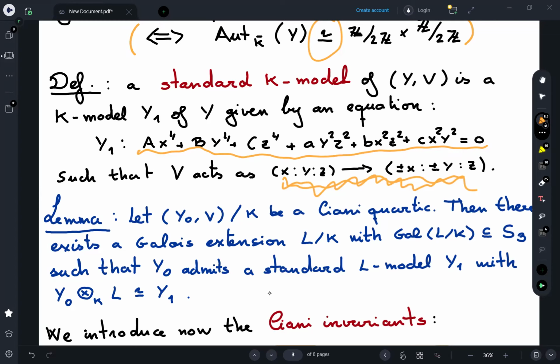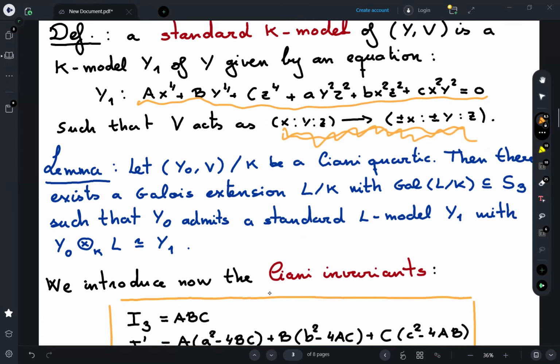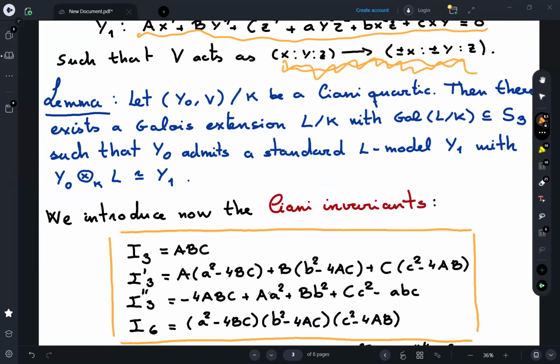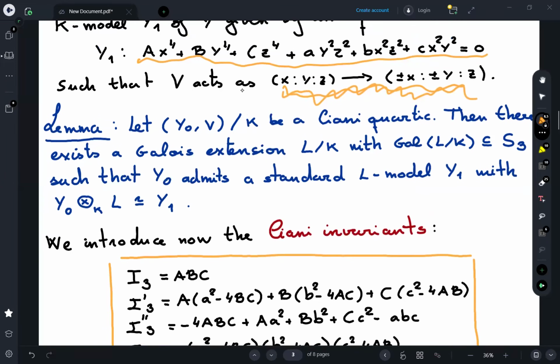And this we proved in a previous paper with my co-authors in this paper plus 2 other members. And we computed the generators for the invariant algebra of these curves. And basically, they are the 4 invariants that I give you here, by these formulas. So the small and capital a, b, c correspond to a Ciani quartic given by a standard model.